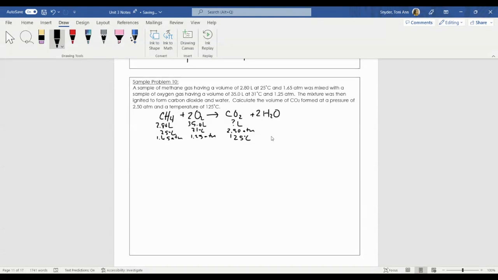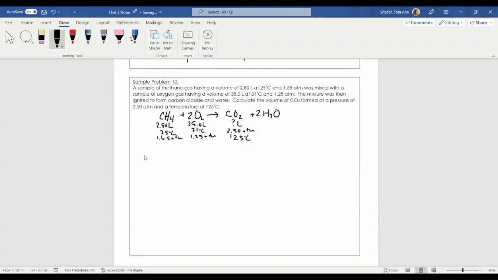How do I know what the limiting reagent is? Well, how do I find the number of moles given all of those conditions? So I have the volume for both reactants. I have the temperature of both reactants, and I have the pressure of both reactants. We can find the number of moles that's reacting using PV equals nRT.